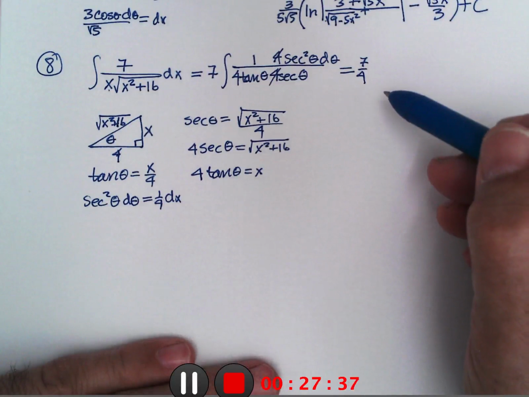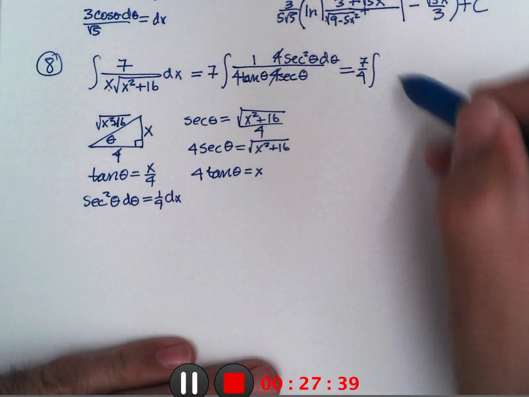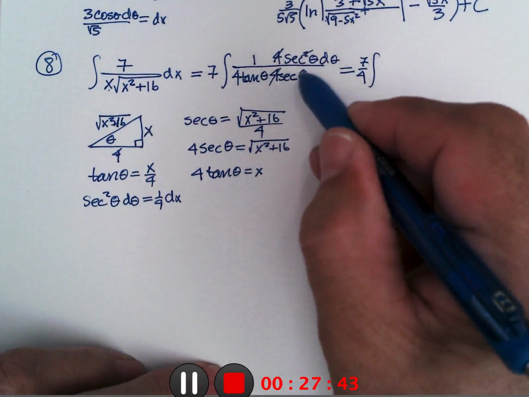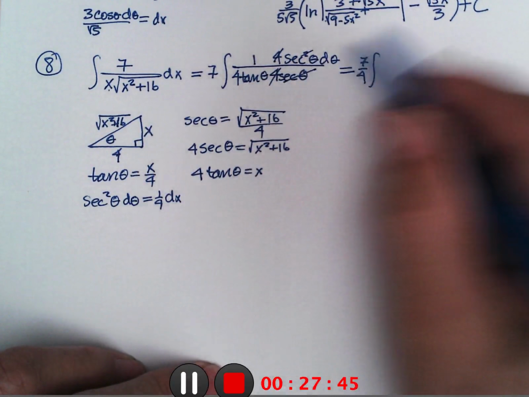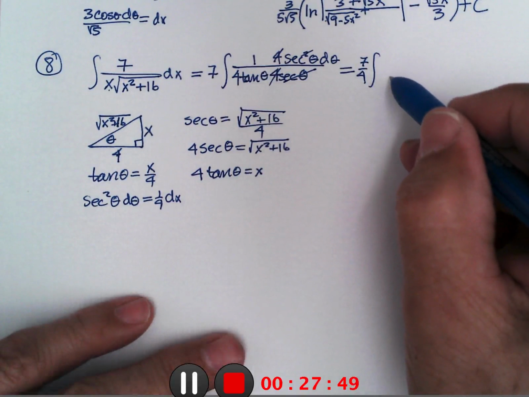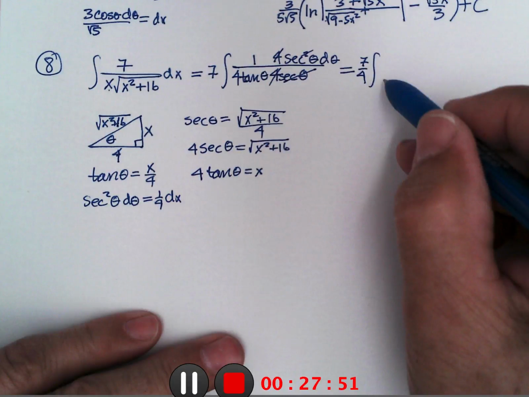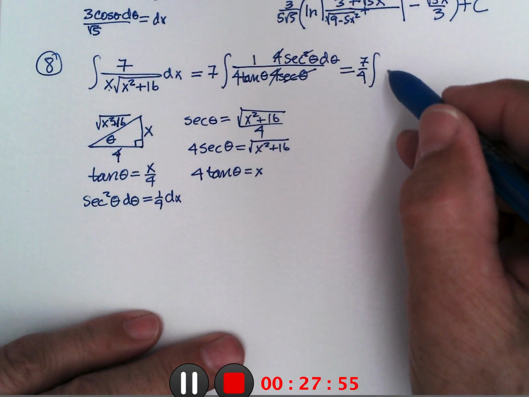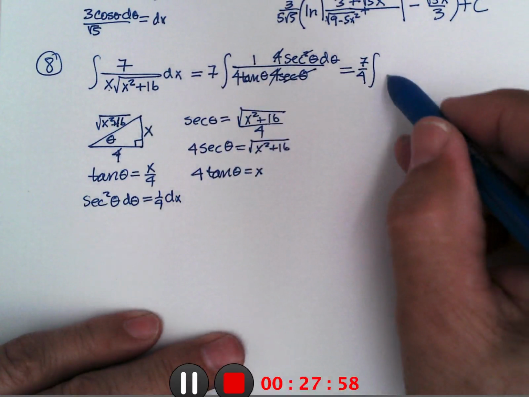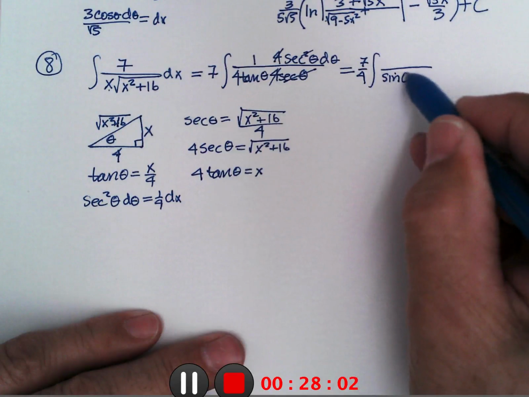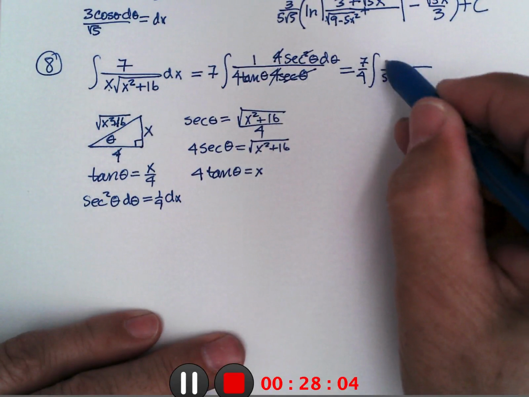And then I have antiderivative. One of these secants is going to cancel, so I'm going to have secant over tangent. And that's not something where one of them is the derivative of the other. So I'm going to go to sines and cosines. So tangent is sine over cosine, which would put the cosine in the numerator.